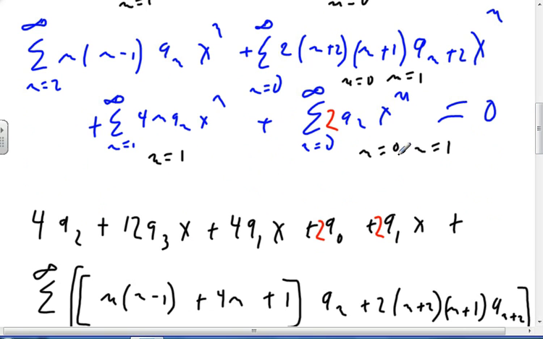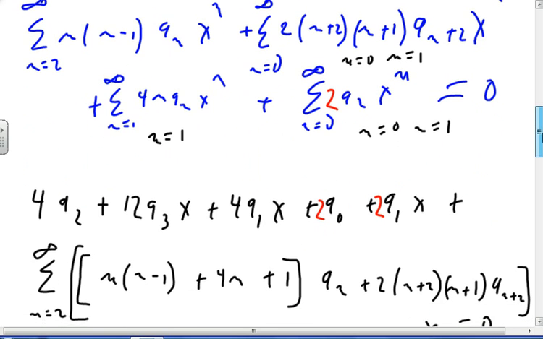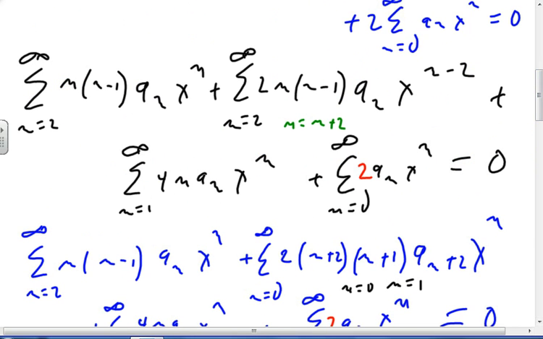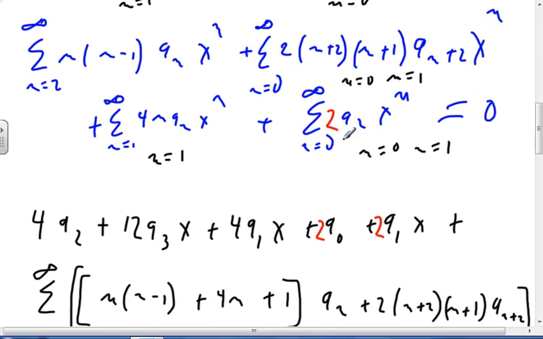X is equal to 0. 2a0. X n is equal to 1. 2a1x. Where's my red thing? See that 2? See that 2?